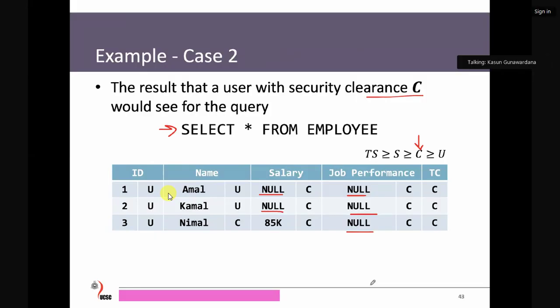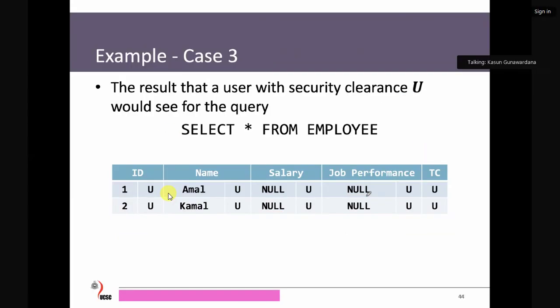Let's say this user will suspect, why are these null values? It means there are some values which I cannot see, which means it has some more sensitive data which I cannot access. So that will indicate to the user that there is some highly sensitive data.